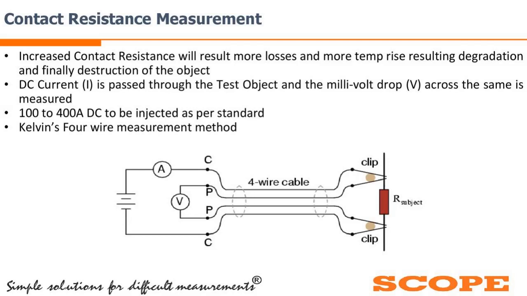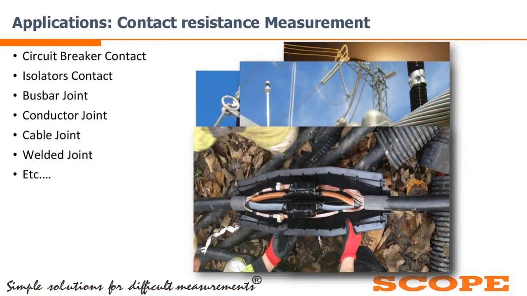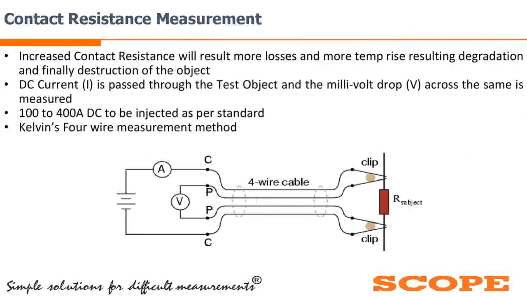Increased contact resistance of any DUT is a concern, and the applications are circuit breaker contacts, isolator contacts, bus bar joints, conductor joints, cable joints, welded joints, etc. These are the applications where we need to carry out a CRM test, since increased contact resistance results in more losses and more temperature rise, resulting in degradation and finally destruction of the object.